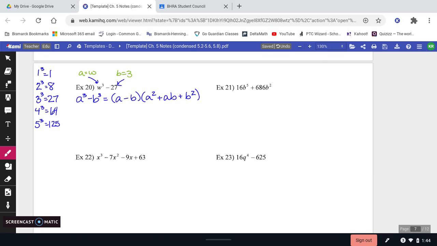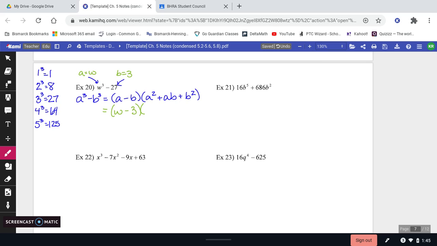Okay, so now everywhere in my pattern where I see an A, I'm going to put in a W. Okay, because it follows this A cubed minus B cubed. It's W cubed minus a 3 that's being cubed. All right, so it's A minus B, which is W minus 3. Then A squared.